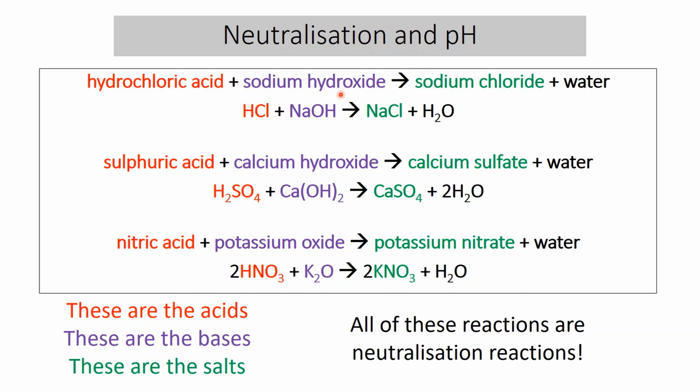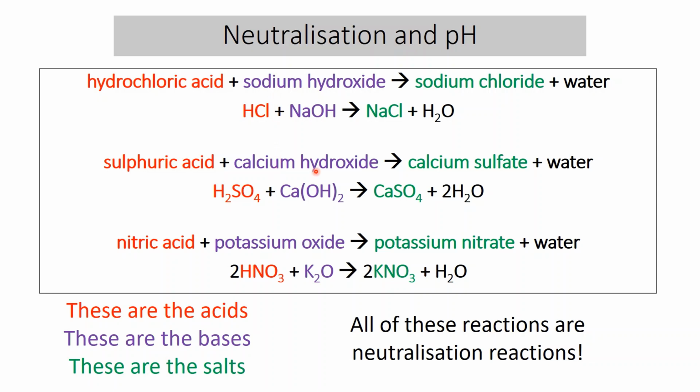The bases are colour-coded in purple. Sodium hydroxide, calcium hydroxide, potassium oxide. Bases are substances that neutralise acids. And again, the formula are written underneath each word equation so you can see the formula of each base. Now, the top two, just to remind you, are a special type of base.